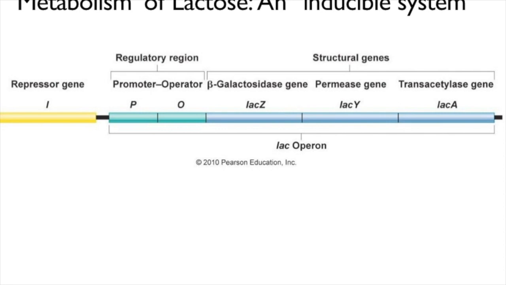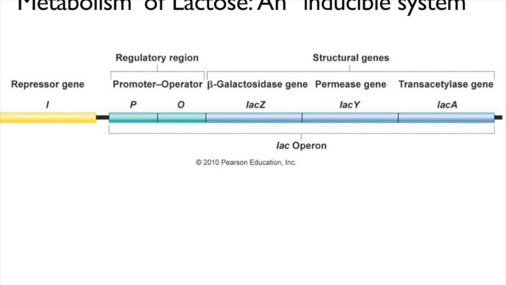It's not normally just pouring into the cell. So if there's lactose out there, create beta-gal to break it down, create permease to let it in. Transacetylase is thought to function in basically cleaning up the garbage afterwards, but we won't talk a whole lot about that. So we've got three genes here that are all involved in the same process, and that's likely the reason that they're organized together into this operational unit or operon.